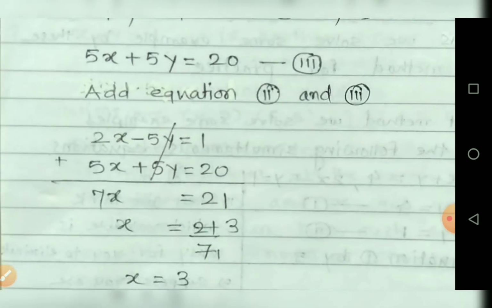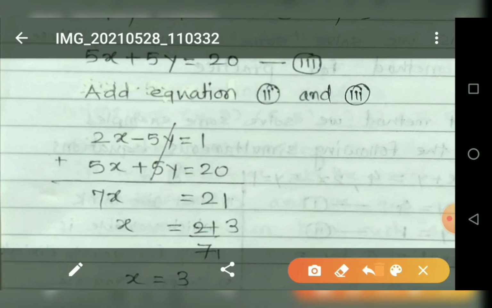2x minus 5y is equal to 1. 5x plus 5y is equal to 20. By addition, what happens? We cancel these two terms in this way.